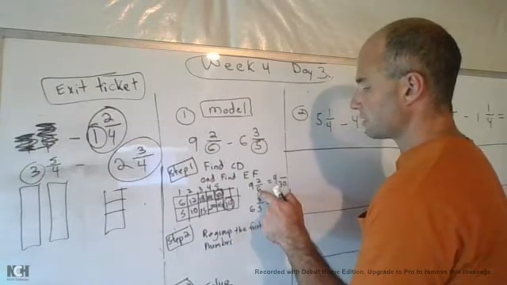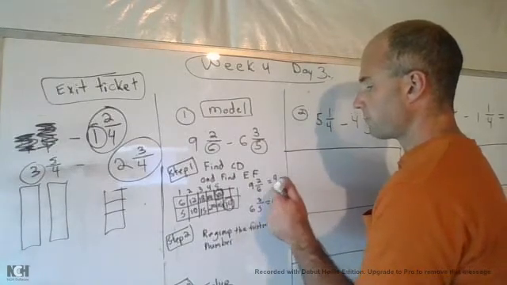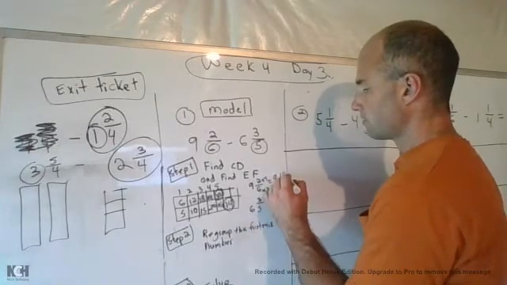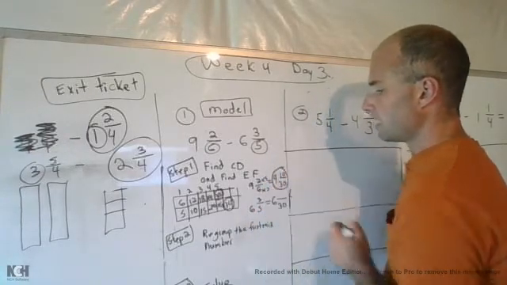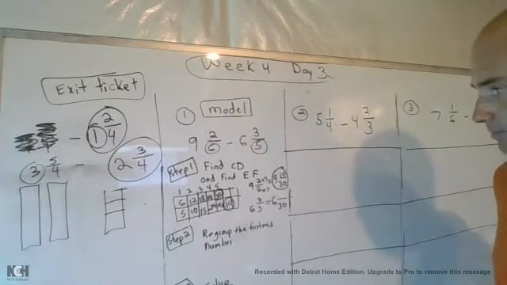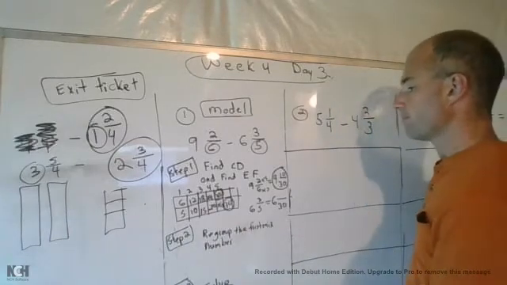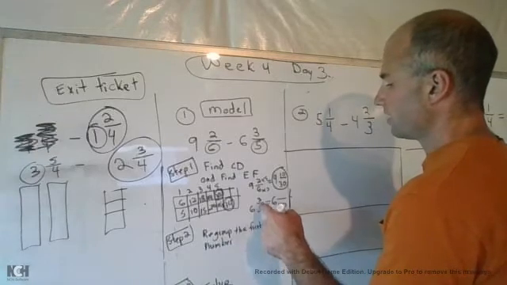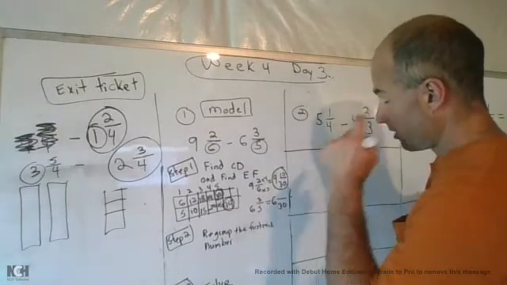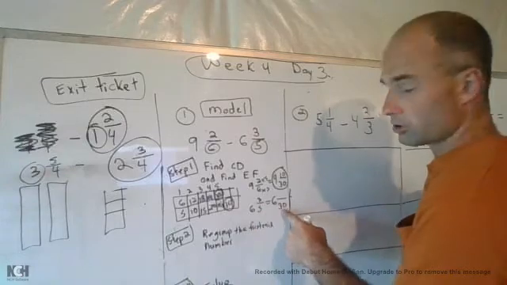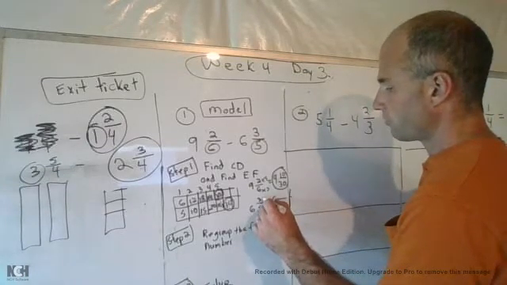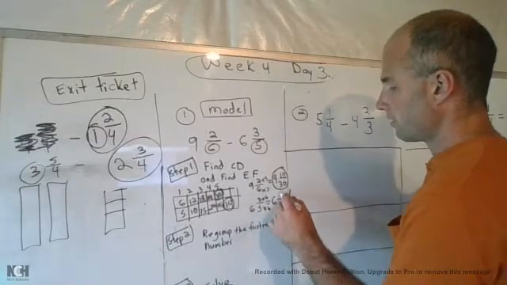So how many 6s did it take to get to 30? 5 of them. So I'm going to do 2 times 5 as well to get 10. So now I have 9 and 10/30. And then I'm going to have 6 and 3/5. Well, how many 5s did it take me to get to 30? 6 of them. I have to do 3 times 6, and that'll give me 18.